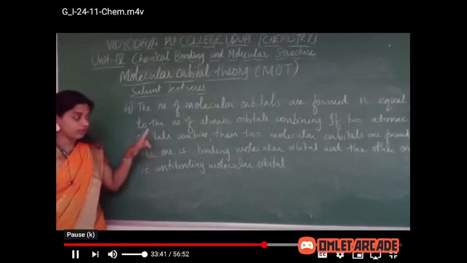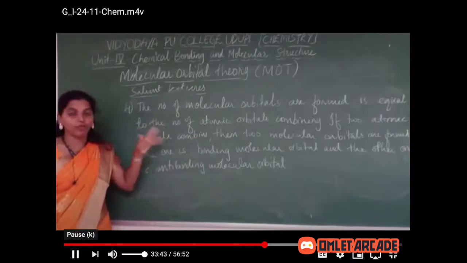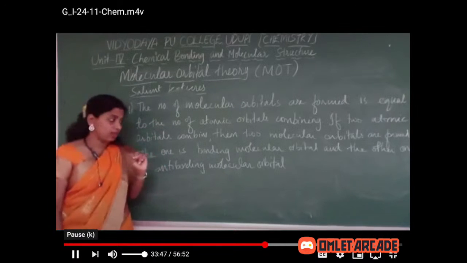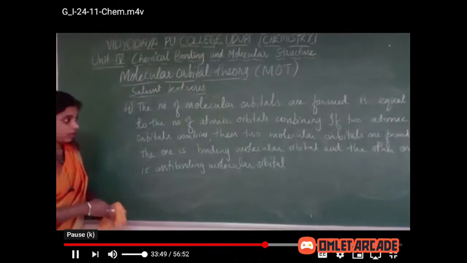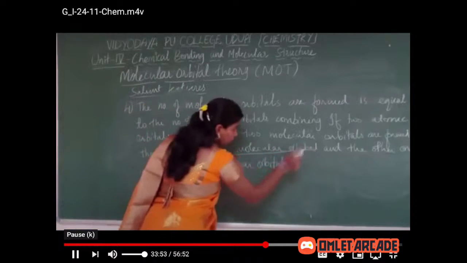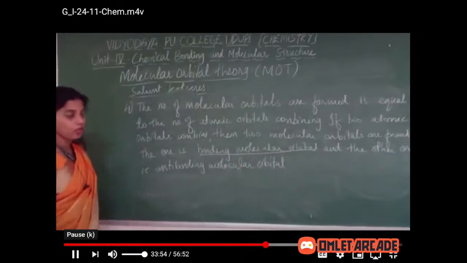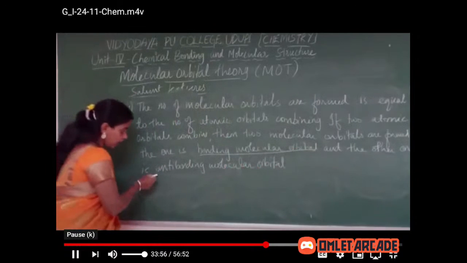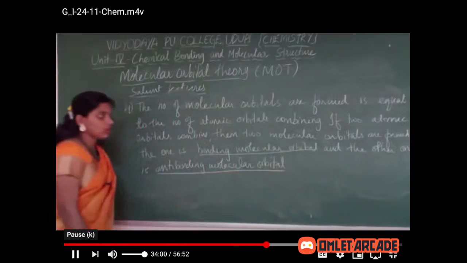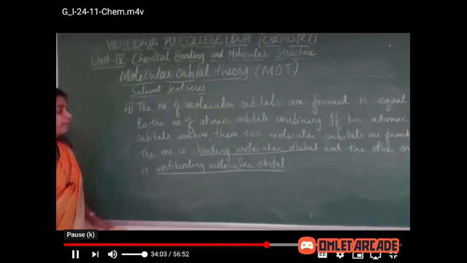It combines, it forms 2 molecular orbitals. In that, the one molecular orbital is called the bonding molecular orbital, and the other one is called the anti-bonding molecular orbital.